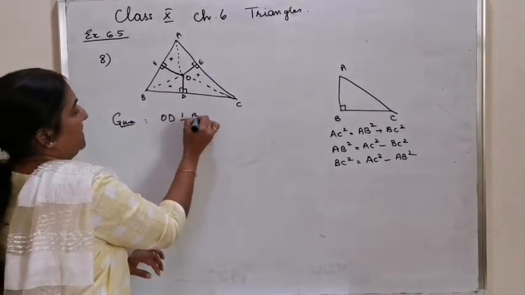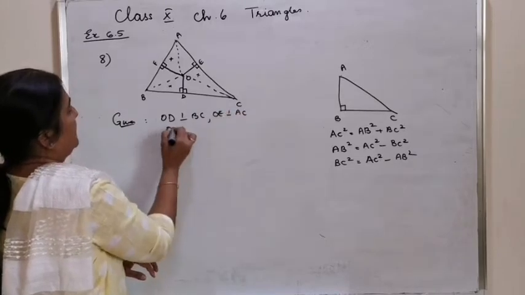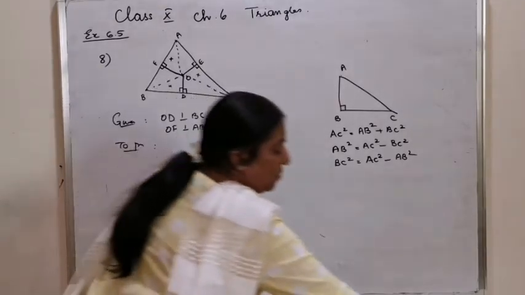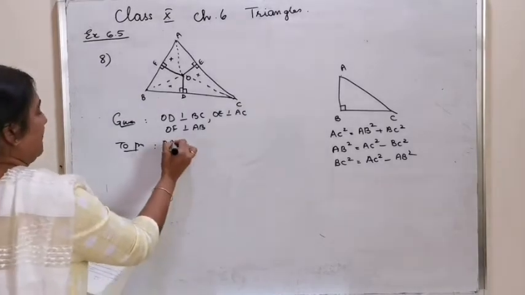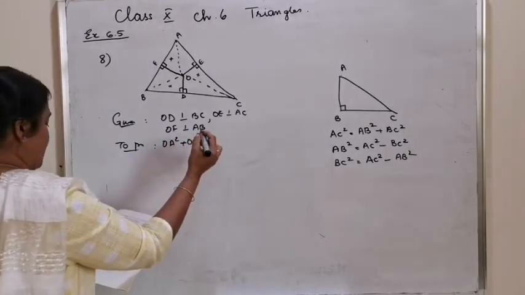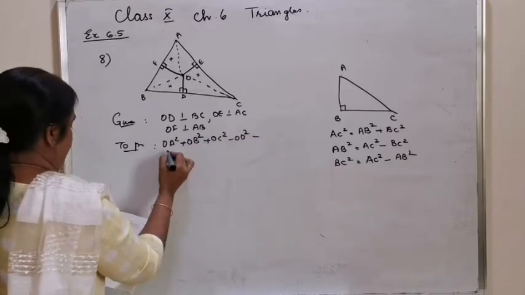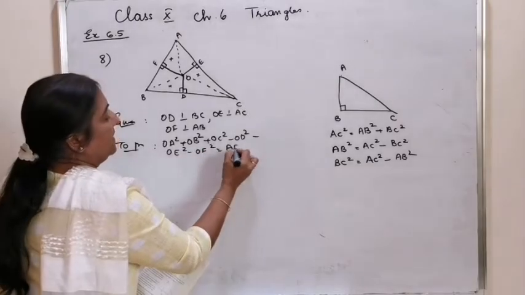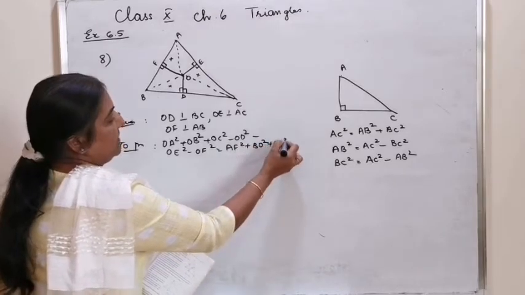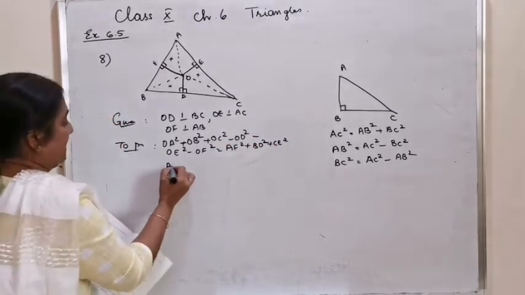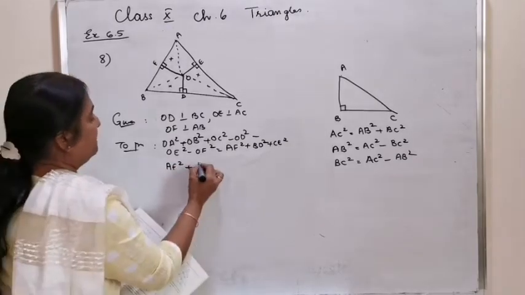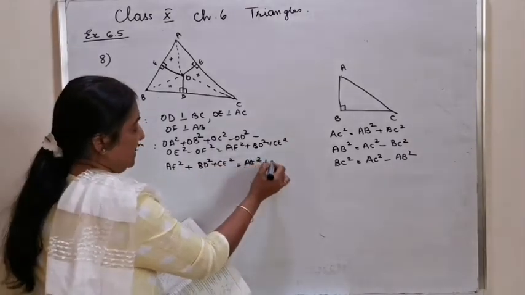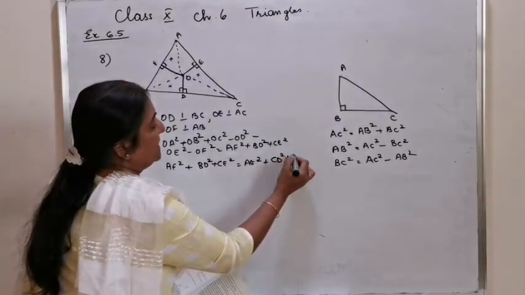What is to be proved is OA square plus OB square plus OC square minus OD square minus OE square minus OF square is equal to AF square plus BD square plus CE square, and the second result, AF square plus BD square plus CE square is equal to AE square plus CD square plus BF square.